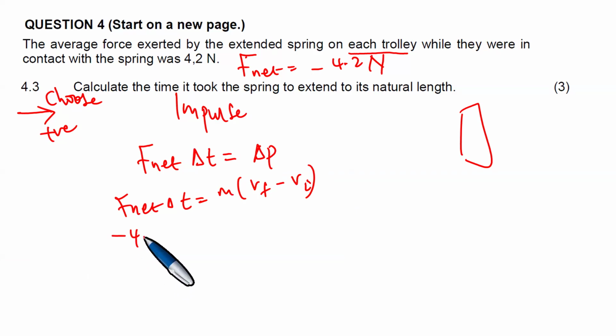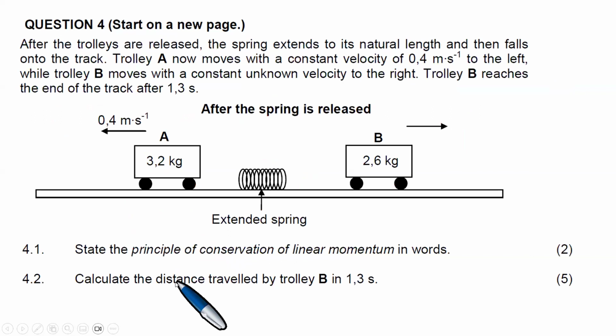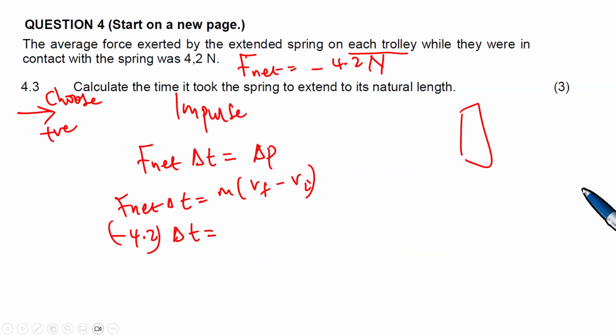F net is minus 4.2 newtons. Delta T, if we consider the 3.2, it's going to be negative, because the spring pushes the 3.2 to the left, and we chose to the right as positive. So that's why it will be negative for trolley A.